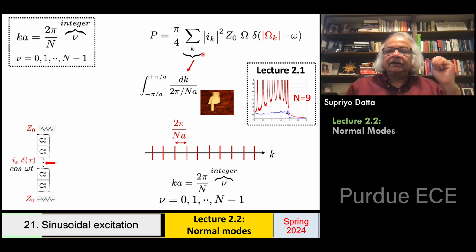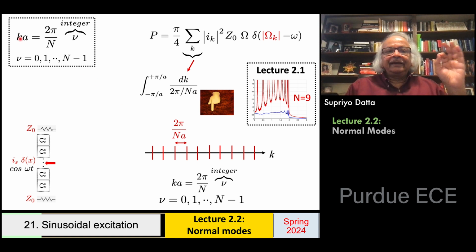So in order to evaluate that, what you do is you replace the summation over k with an integral over dk. And the point is, how many k values are there in a given range dk? We'll note that the allowed values are spaced by 2 pi over Na. Why?